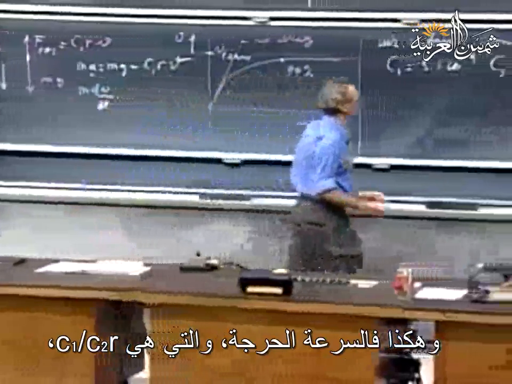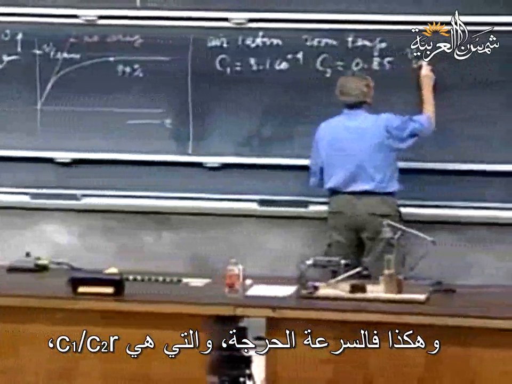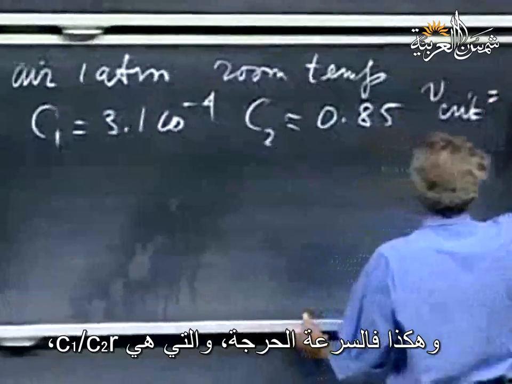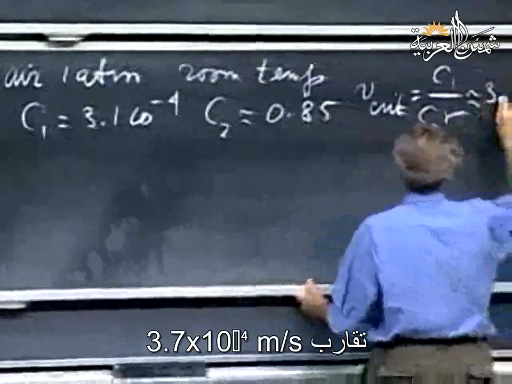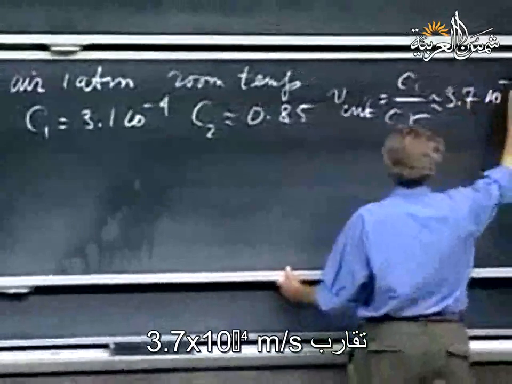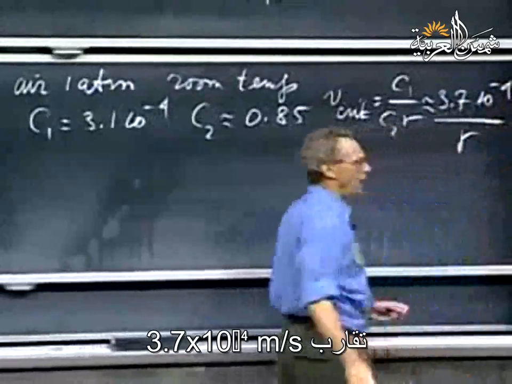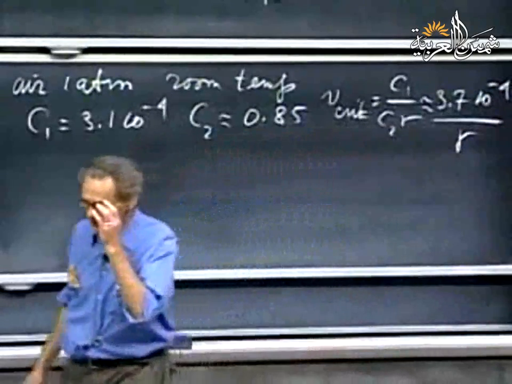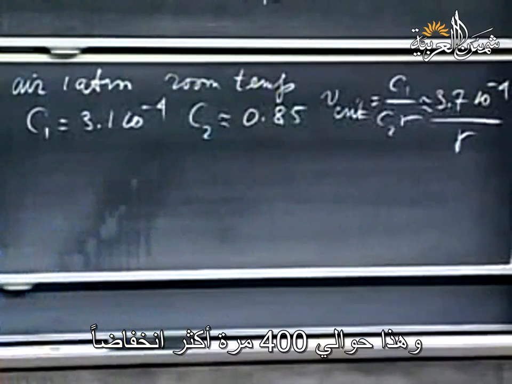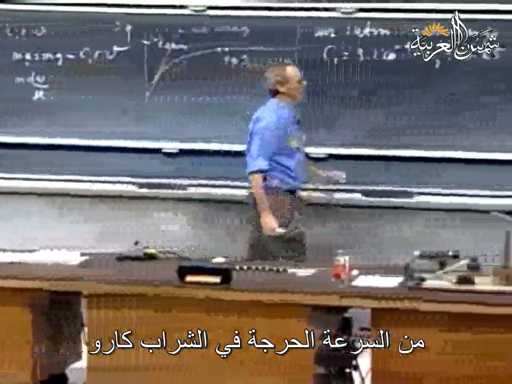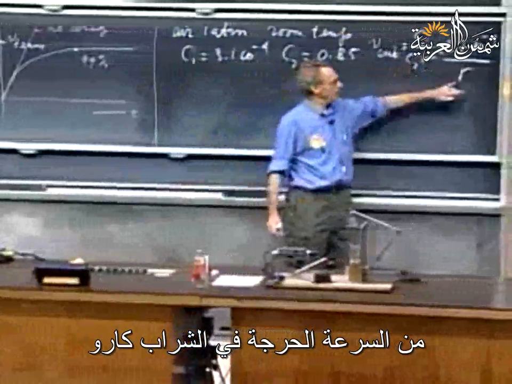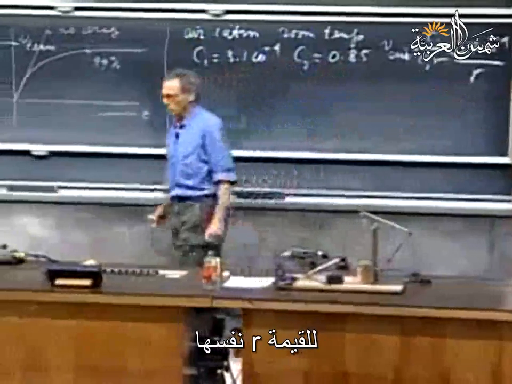And so the critical speed, which is C1 divided by C2 by r, is about 3.7 times 10 to the minus 4 divided by r meters per second. And that is about 400 times lower than the critical speed in syrup, in the Karo syrup, for the same value of r.